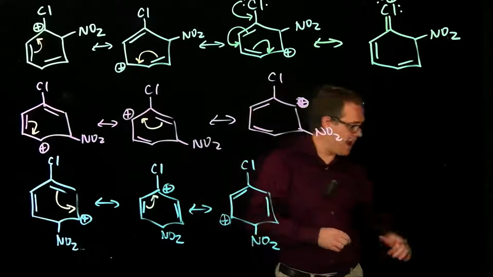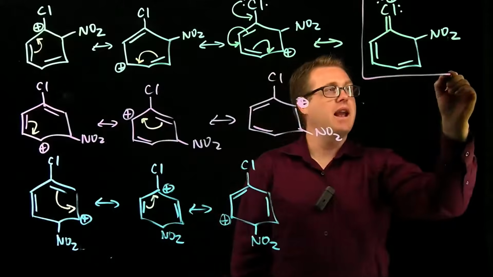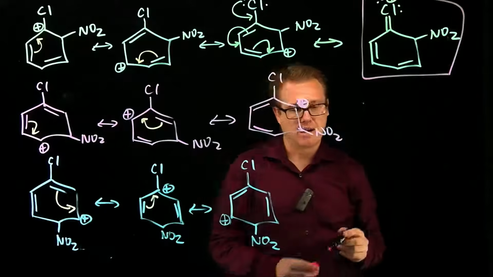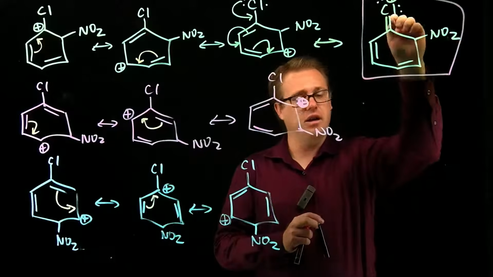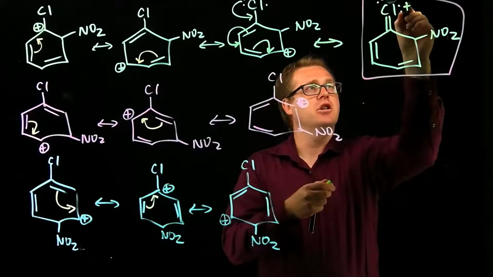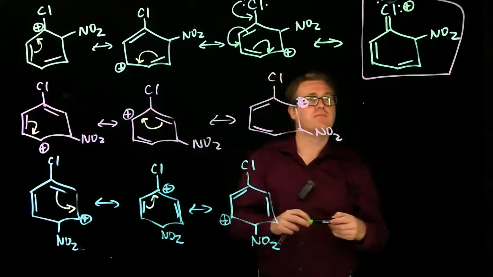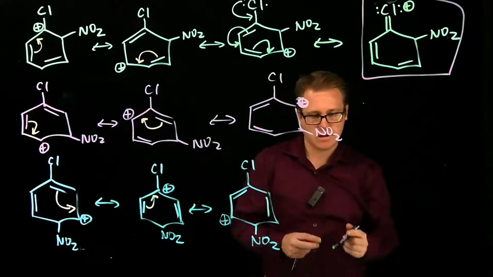So we have an additional resonance structure that stabilizes that complex. So I cut off the top part right here. So what I've drawn there is a positive charge on the chlorine atom. And it would have another lone pair right there, okay?